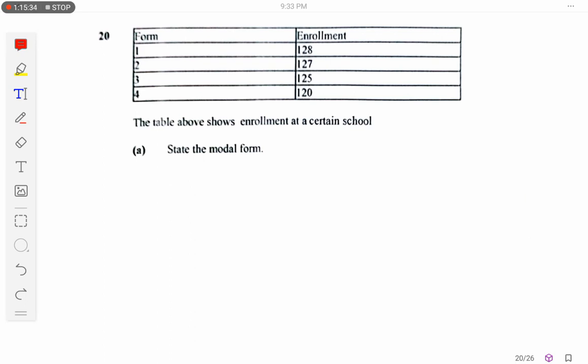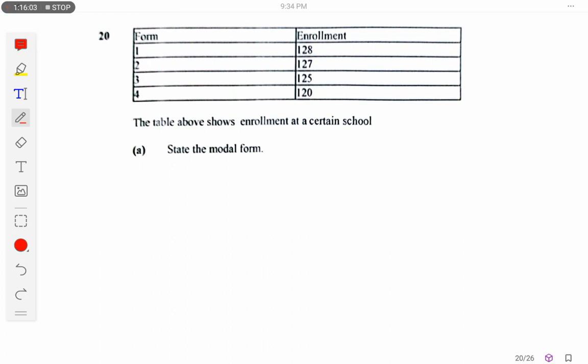Okay, number 20, we are saying model form is what? We have this form here. Table above shows enrollment at a certain school. So we've got form 1, form 2, up to form 4, and then we have the enrollment, the number of students we have in form 1, 128, in form 2, 127. Maybe some are going and so on. When we have form 4, they are now 120.